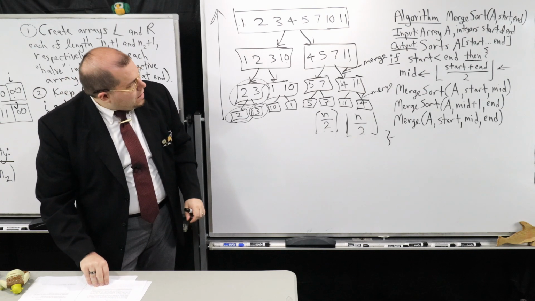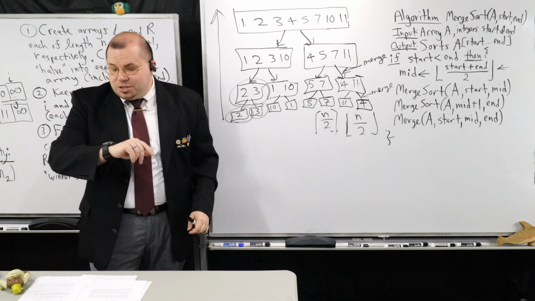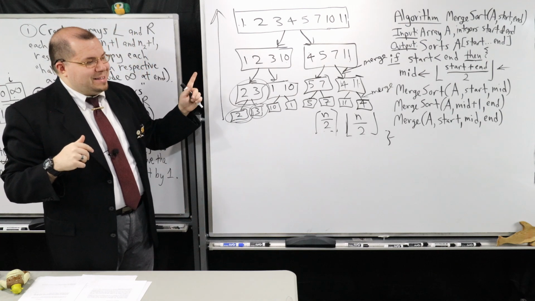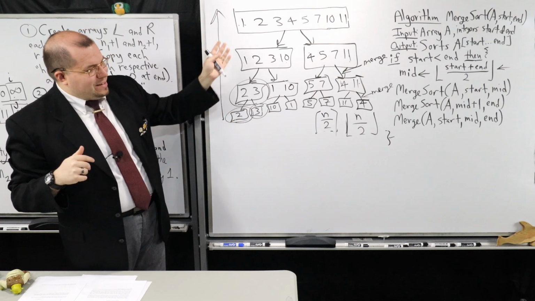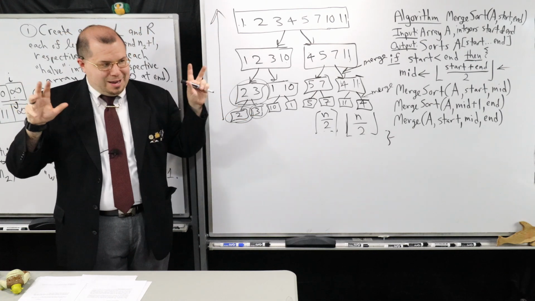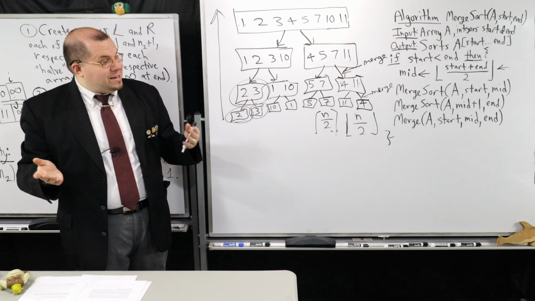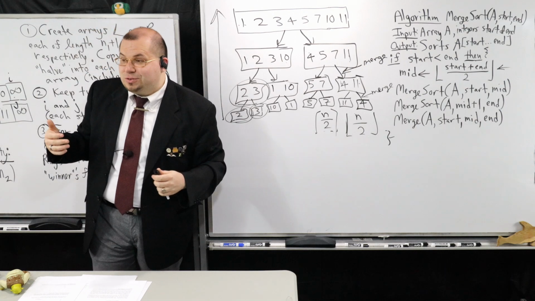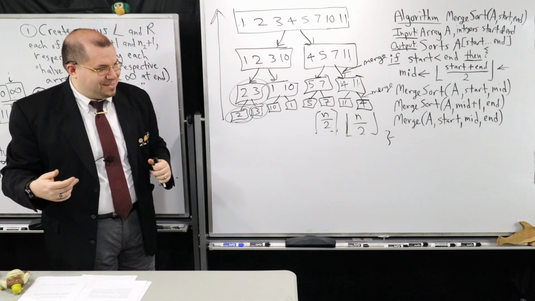So, anyways, the first thing I want you to do when we look at this picture is notice that it should remind you of something we did last day, right? Notice how everything's breaking nicely into evenly sized chunks. For the sake of simplicity, I'm just going to assume that the length of the array is a power of 2, which would always allow it to look just like this.